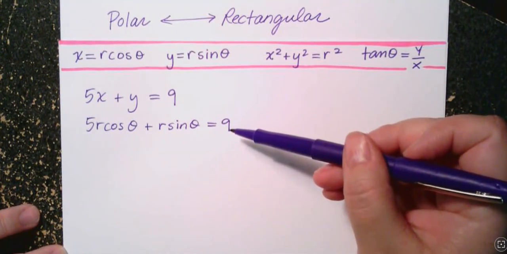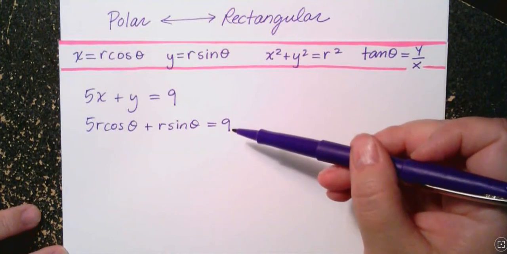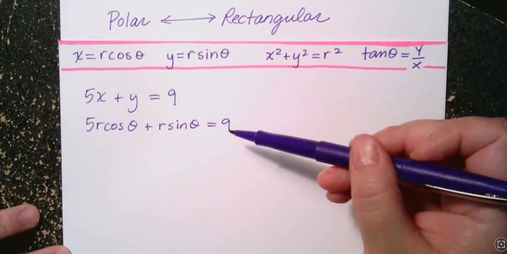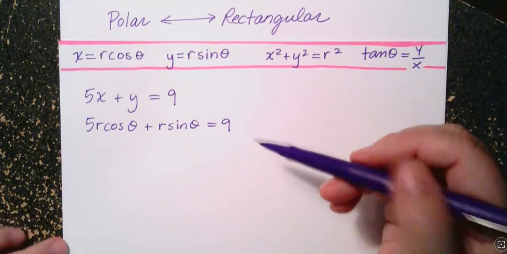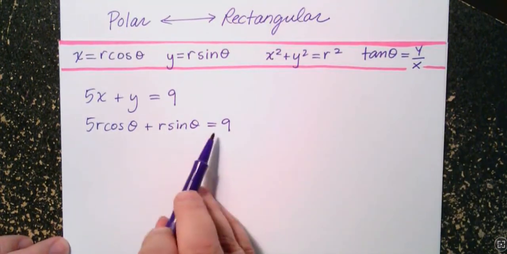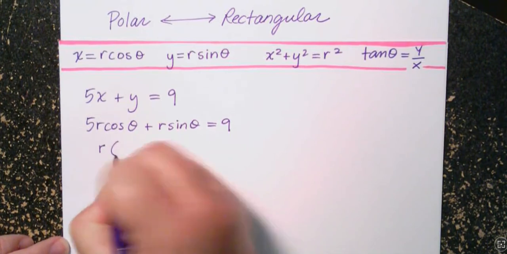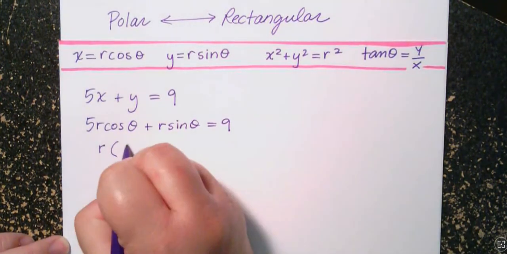if you have an r, because there are going to be times when you just have a theta, but if you have an r, usually we want to get r alone on one side, kind of like we like to solve for y when we have equations of lines sometimes. So basically, I'm going to take this and solve for r. The first thing that means is I'm going to factor an r out of both of those expressions on the left.